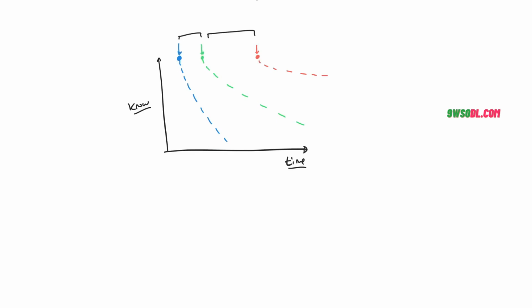However, there's a problem with this, in that it definitely requires this level of repetition, and it depends on this curve here. And so obviously if we are forgetting things very, very quickly, then we are going to need to repeat it relatively soon in order to hold on to that information.